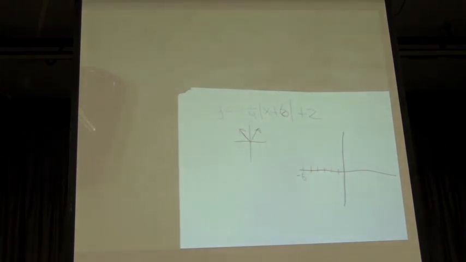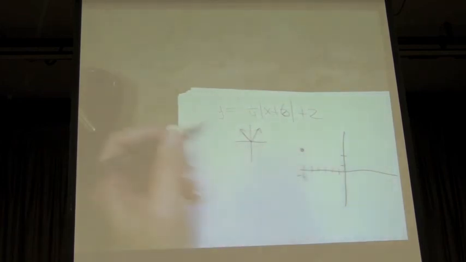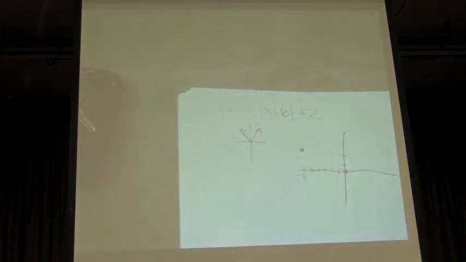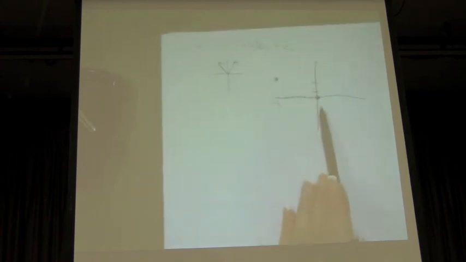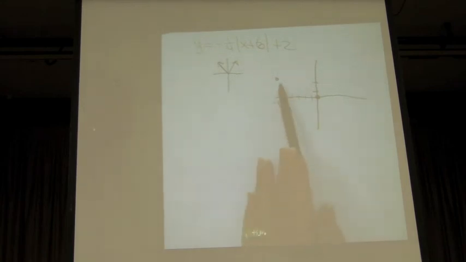We said there was a vertical translation up 2 units. 1, 2. That means the vertex that was initially at 0, 0 is now at -6, 2.